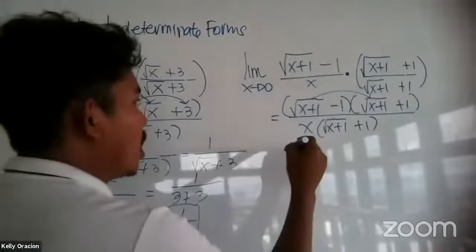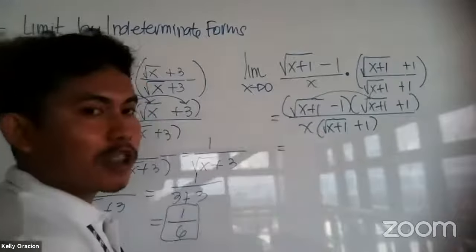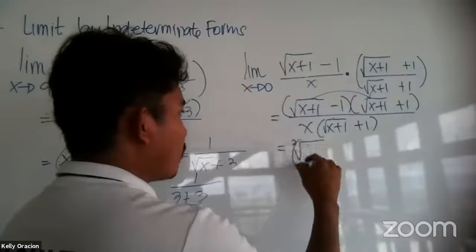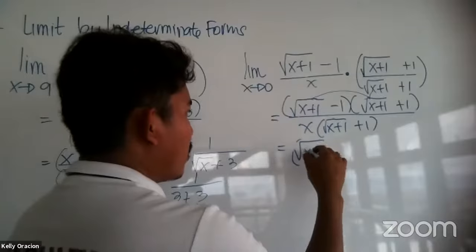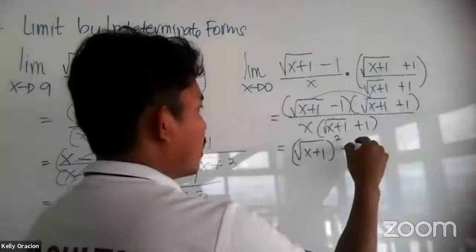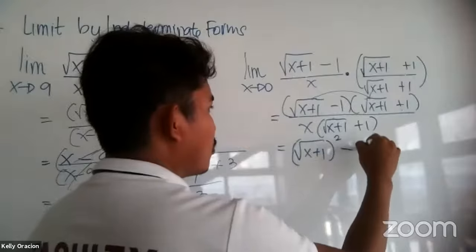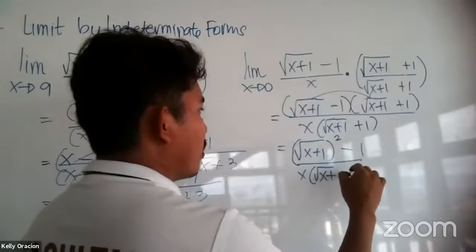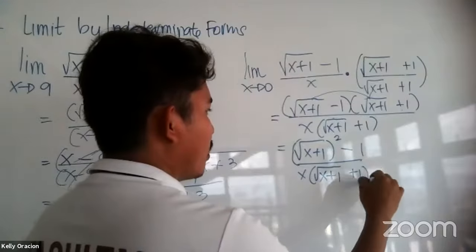So multiply. You have square root of x plus 1 times square root of x plus 1. You have the square, then x plus 1, then negative times positive, negative, then minus 1 over x times square root of x plus 1 plus 1.